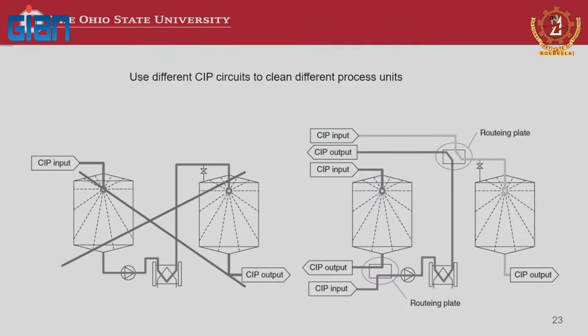And when you do the cleaning, you do not want to make certain mistakes. For example, you may have 2 tanks. In this case, you are pumping in the inlet CIP solution here, getting the output here, and then using the same output for cleaning the second one.